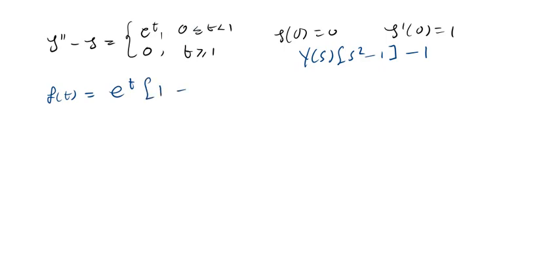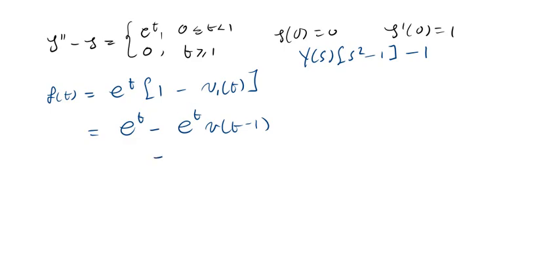We say minus u of, allow me to just put a 1 here, u of t, like this. So this here is the same as writing it as u of t minus 1. Whichever way you write it is still okay. So here, if you expand, that will be e to the t minus e to the t. Okay, let me write it as t minus 1 like this. So this guy is okay just the way it is. Then for this one, it's not been shifted by the right amount.